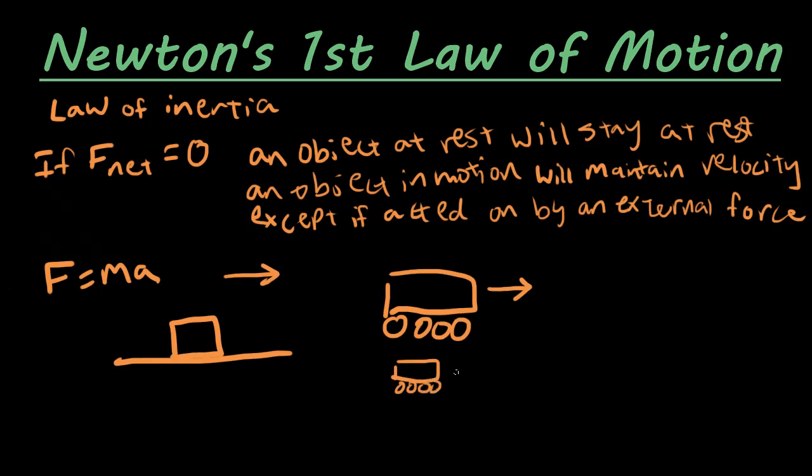Let's say this is a toy car. We can more easily stop a toy car than a real car, according to the laws of inertia, because that's the tendency of an object to maintain its motion relating to its mass. It's much easier to stop something smaller with less mass than something with more mass. And so this is basically Newton's first law of motion.